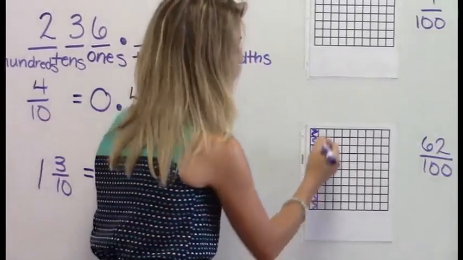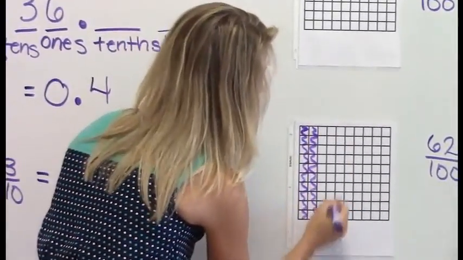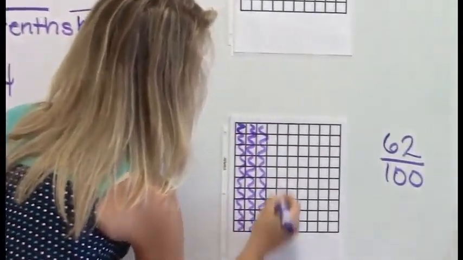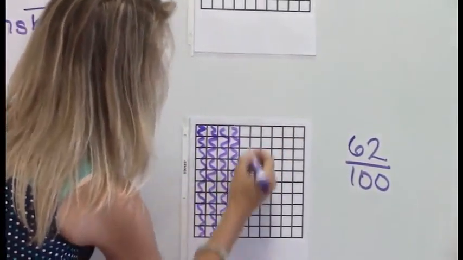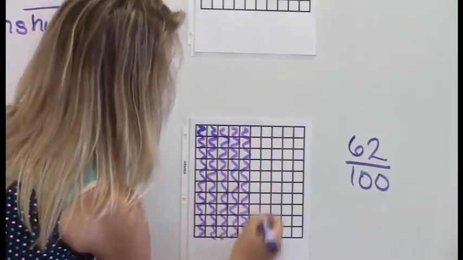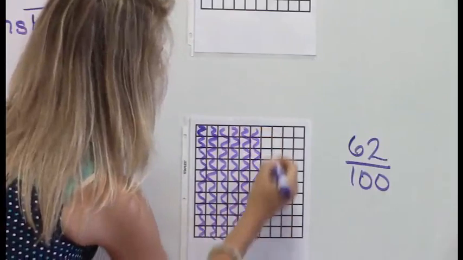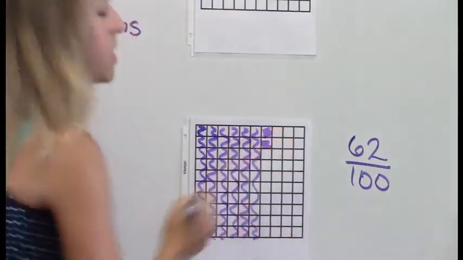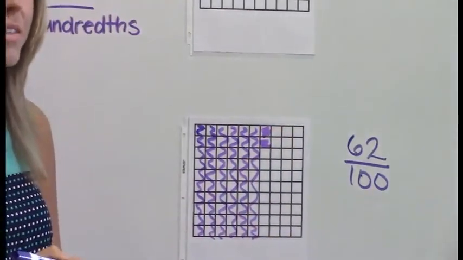This gets me 10, 20, 30, 40, 50, 60, 61, 62 100ths.